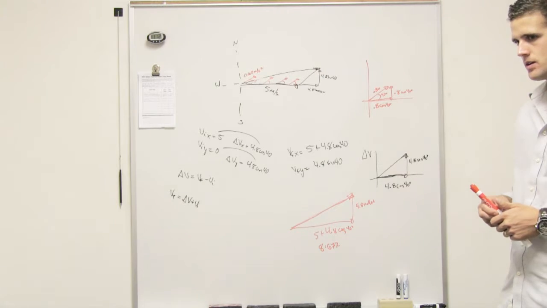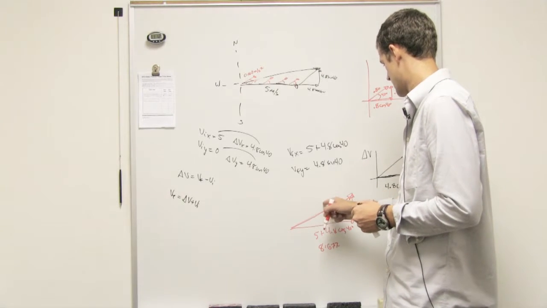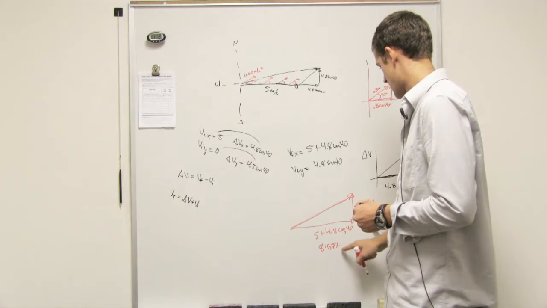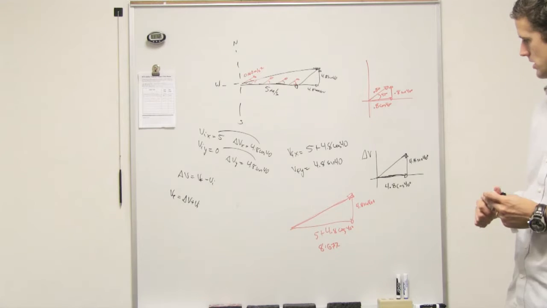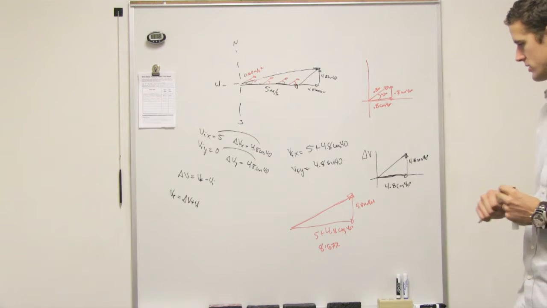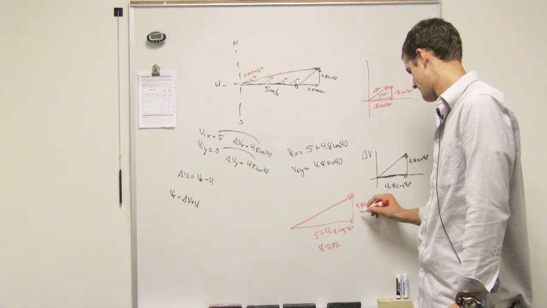So it's like 7.8168. Well, you want to do this squared plus this squared, right? So it's 4.8 sine of 40.